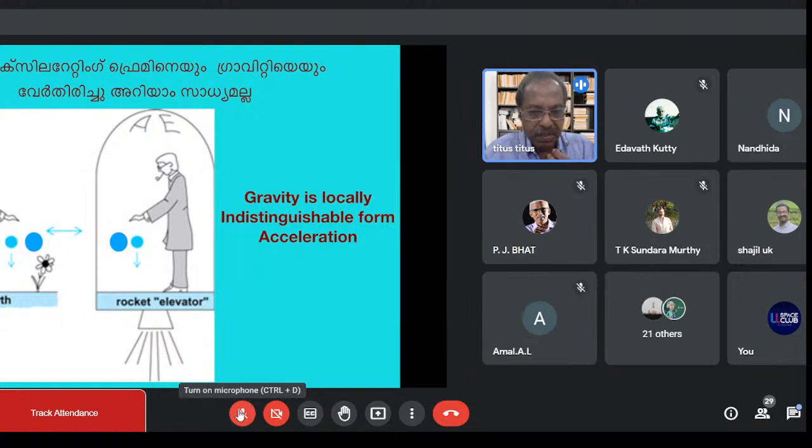But assume the situation of the second man where there is no gravity. He is not sitting on the surface of any planet. There are no material bodies around to produce sufficient gravity to cause these balls to fall down. So in the absence of gravity, if you place two balls somewhere in space, they will stay there.